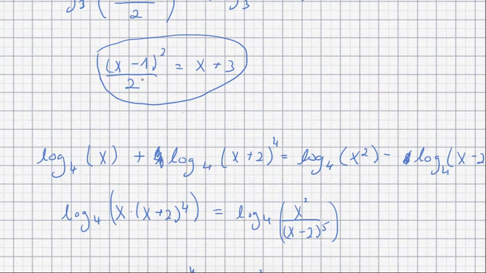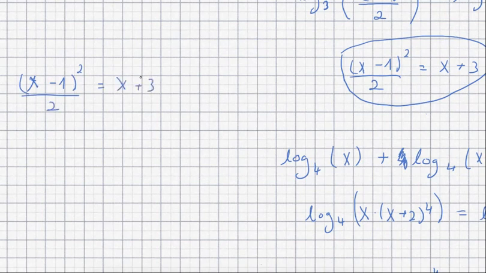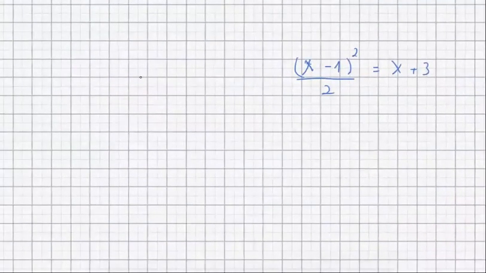Do you want to do it? We could do it. Let's copy it here: x minus 1. How would you do it? I'd put a 1 under the x plus 3, and then x minus 1 to the power of 2, times 2.